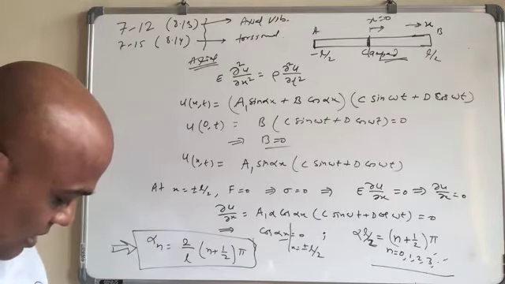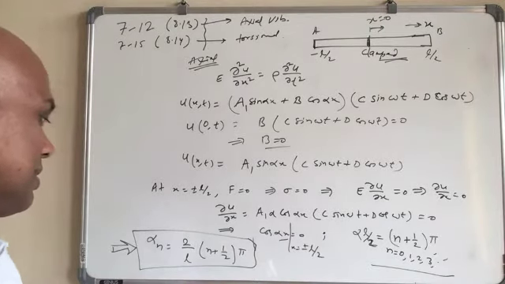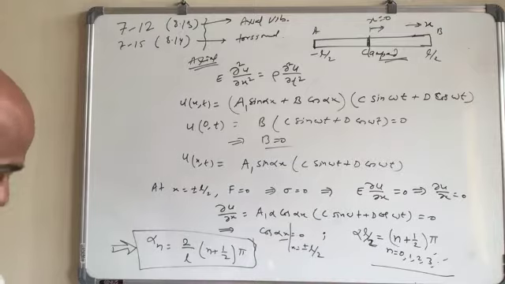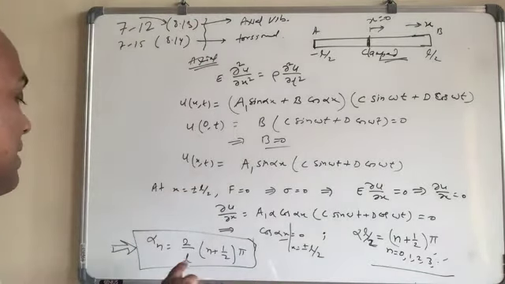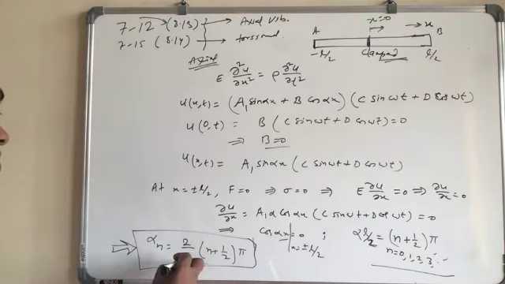For 8.13, the natural frequency of this is given, determine the proper length. In the case of 8.13, this is an inverse problem: you have to find out the length basically.